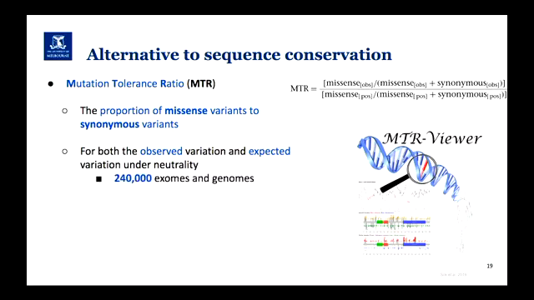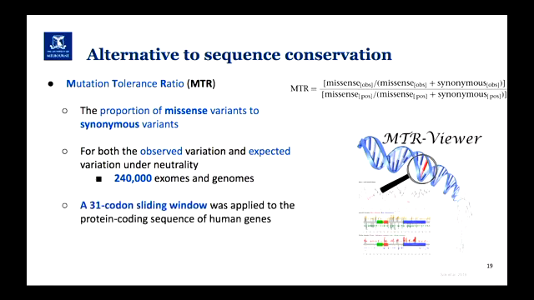This has been done with gnomAD and a few other exome resources, accounting for over 240,000 exomes, 240,000 different people. They calculate what is called the MTR score, which is basically the proportion of missense variants observed over the total missense plus synonymous, all of that considering also the potential or expected ones.